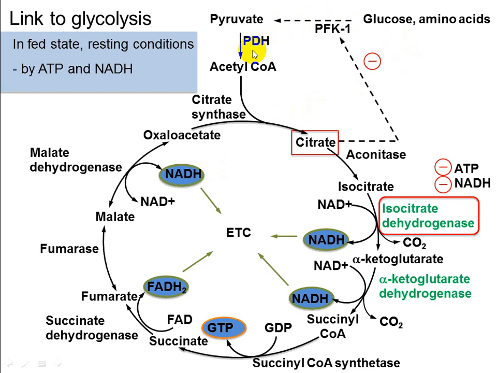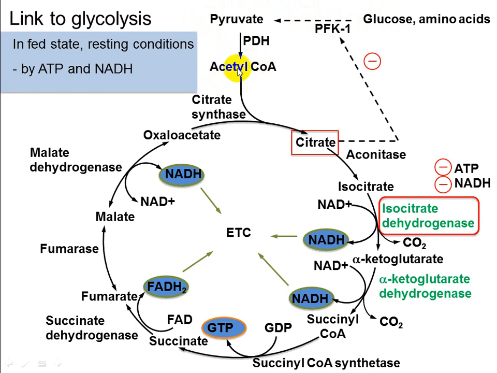But there are some exceptions. Liver is an exception. During fed states, liver can convert excess glucose to fat for storage. How does it work? Glucose is first converted to pyruvate through glycolysis, and pyruvate is shuttled to mitochondria, where it is converted to acetyl-CoA.